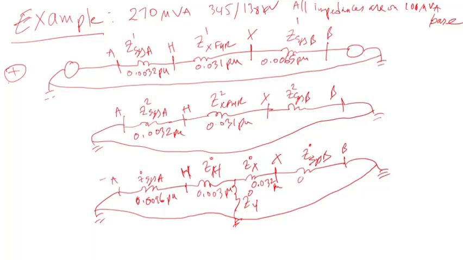This one is 0.0195 per unit. Sorry, looks like I left this off. So I think I have all of them.